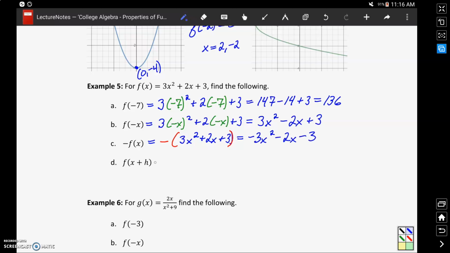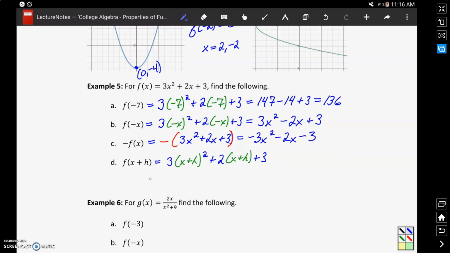In part D, we have a slightly more complicated expression we're going to substitute in. But in essence, this is very similar to what we did in part B. Now we'll substitute in x plus h, that quantity squared, plus 2 times that quantity x plus h again, plus 3.